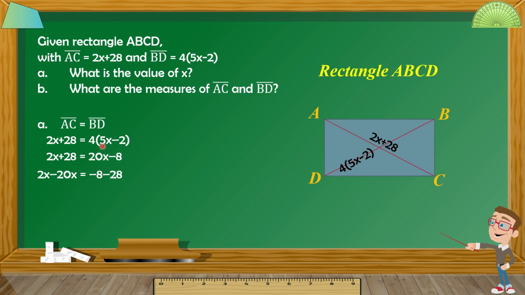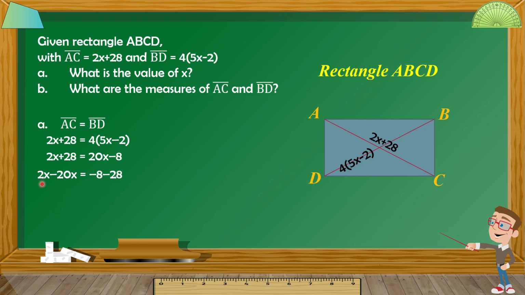Transfer natin lahat ng mga variables sa left side and lahat ng numbers or constants sa right side. So, 2x minus 20x, yan na-transfer na 20x sa left side as negative 20x at si 28 sa right side as negative 28. Nagpapalit tayo ng sign kapag naglilipat tayo ng numbers or variables from left to right or right to left.